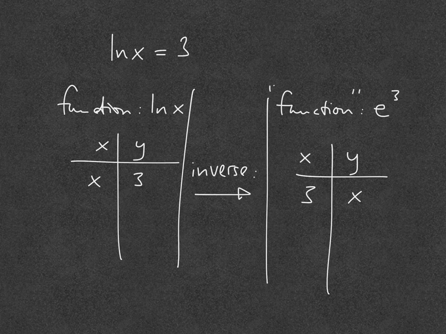So let's put that in quotation marks. So with the equation ln x equals 3, we get that x equals e to the power of 3. So an alternative way of solving logarithmic equations.